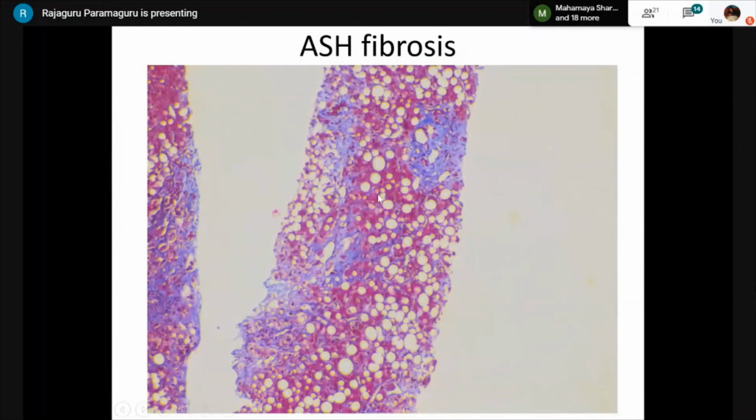Apart from the other features which I will tell you later, please appreciate the difference. Here it is more dense and thicker. A thicker and denser fibrosis is more common with alcoholic steatohepatitis. This is the main difference between the two.